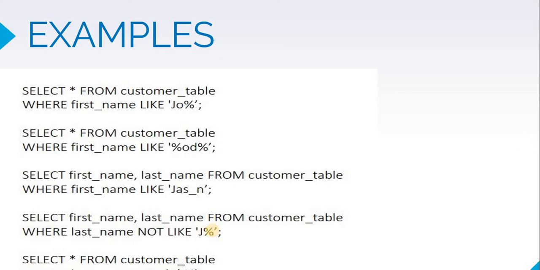Distinct will ensure that the city names are not repeating since a lot of customers are residing in the same city. If I just write select, I'll get the city's name repeatedly. So to get unique city name, I will write distinct also. So select distinct city from customer where city not like, and it is not starting with S. So let us go to our pgAdmin and write this condition.